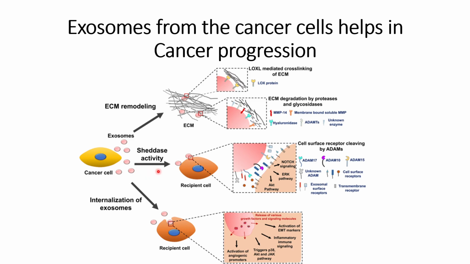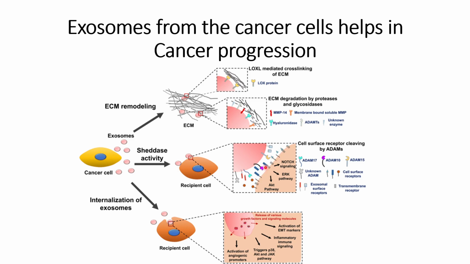Now we will come to the next category by which exosomes help in cancer cell progression, that is SADase activity. In this SADase activity, when the exosomes interact with the recipient cells, because the exosome surface contains various proteins such as ADAM 17, 10, 15 and some other exosome surface receptors and transmembrane receptors, they help in cleaving of the cell surface proteins on the recipient cells.